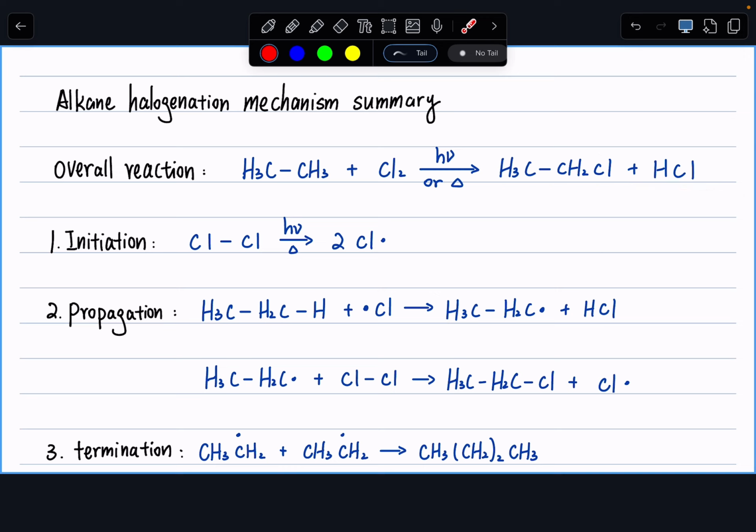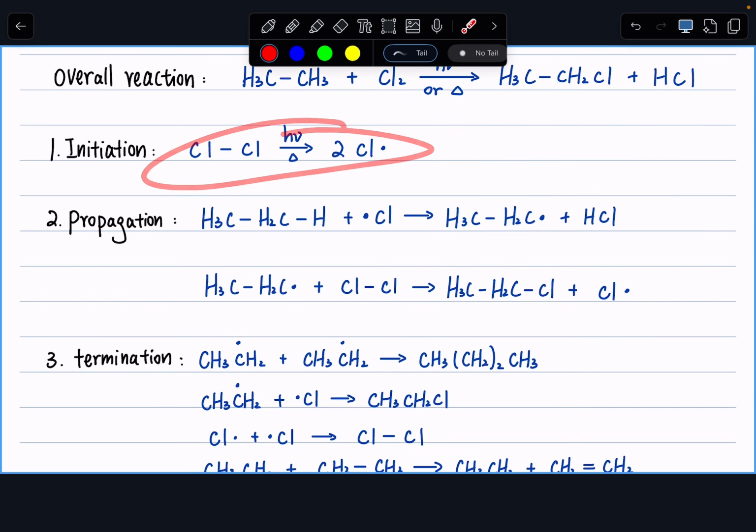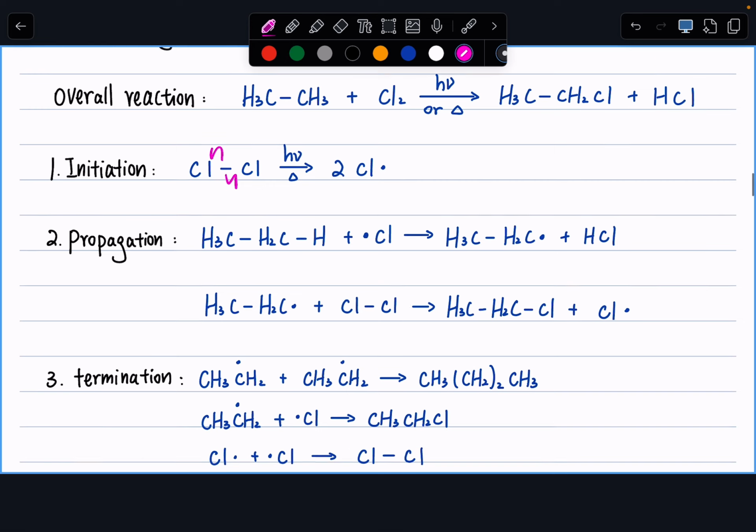We form ethyl chloride plus HCl under the condition of light or heat. So initiation is breaking my weakest bond, the Cl-Cl bond, and I expect you to know how to do arrow pushing for these reactions. So let's add all the arrows. First one, homolytic cleavage, so one electron goes to each side. For these single-electron processes, we use this single-sided arrow.